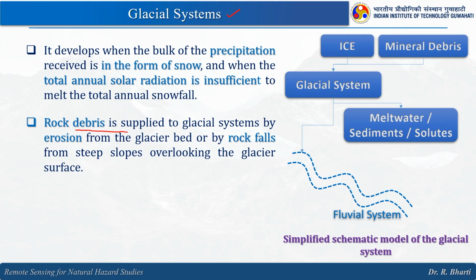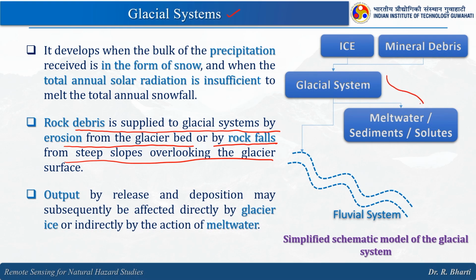During the movement, rock debris are supplied to this glacier system by erosion from the glacier bed or by rock falls, and slowly they come to the zone where it starts melting, right. The melt water will link to the fluvial system in the downstream, and that will feed this particular river, and that is coming to our region, right.